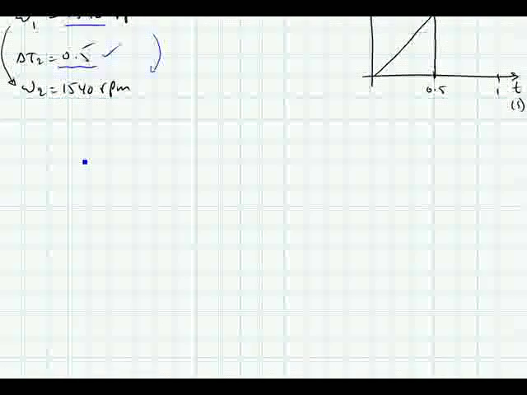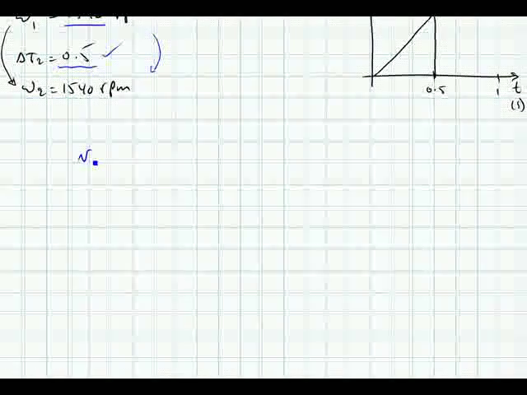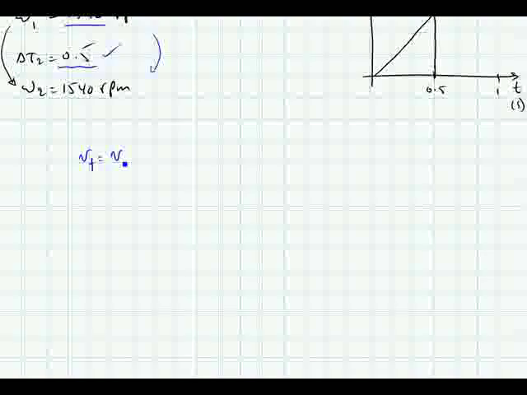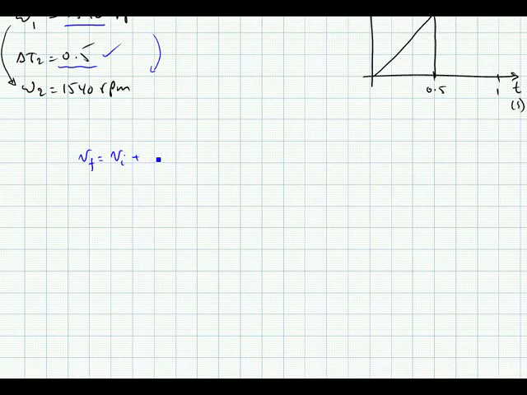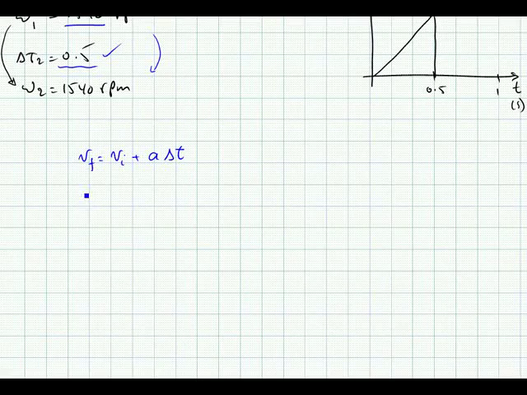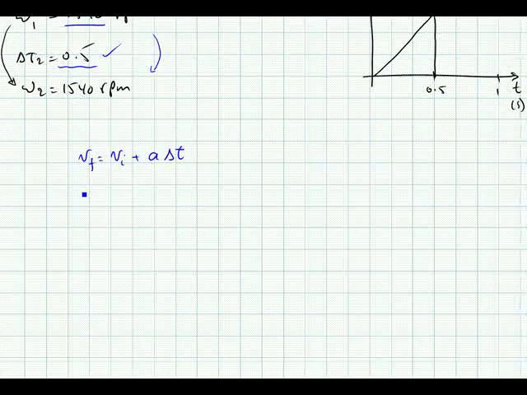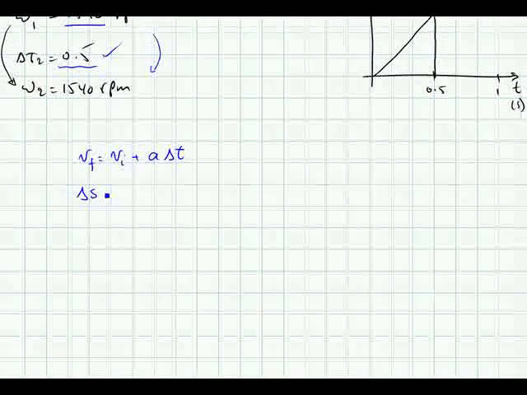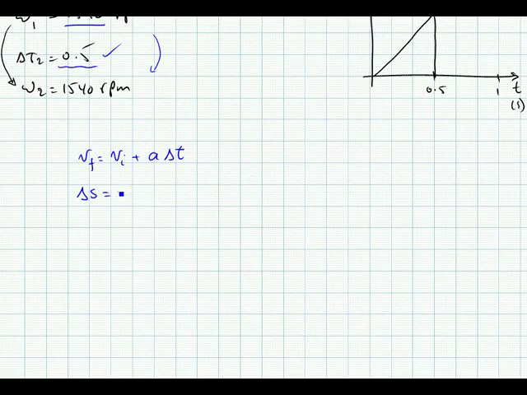In particular, we learned that velocity final is equal to velocity initial plus acceleration times delta t, and displacement delta s is equal to initial velocity times delta t plus 1/2 of acceleration times delta t squared.